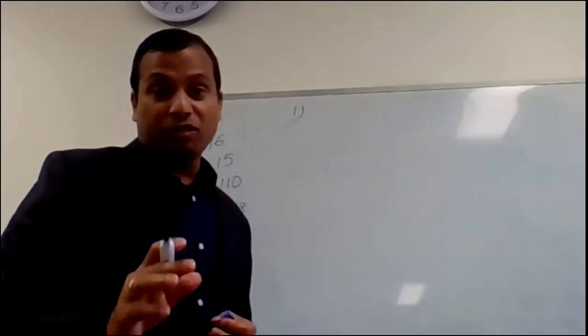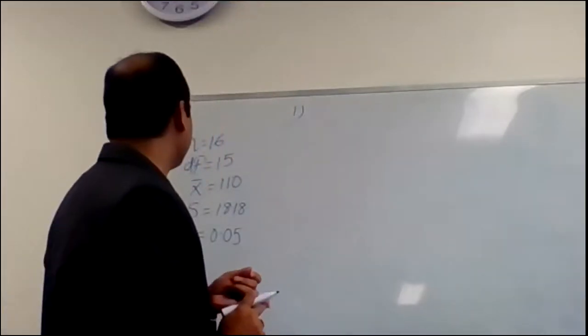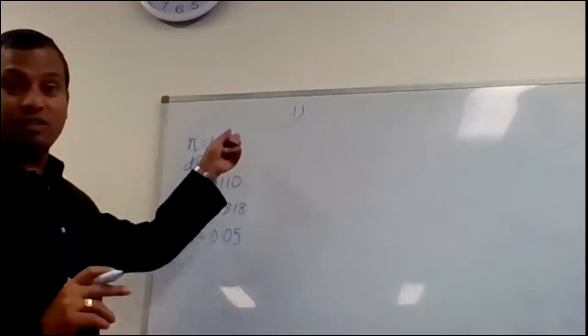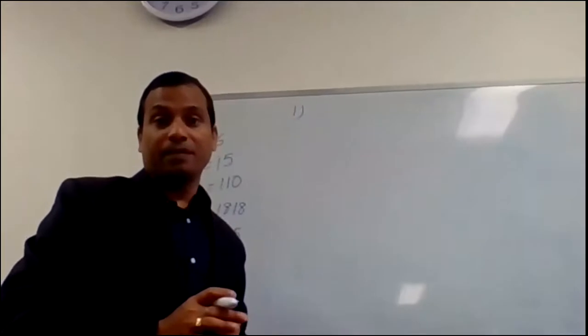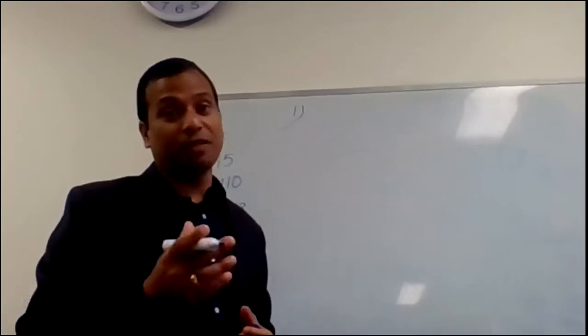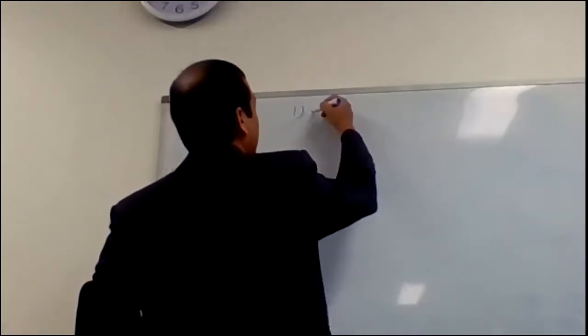The second one is that either the population has to be normally distributed or n has to be greater than 25. Although n is 16, check the other condition: is it given that the population is normally distributed? Yes, it is given in the first sentence itself. The population is normally distributed, so the requirement is fulfilled.